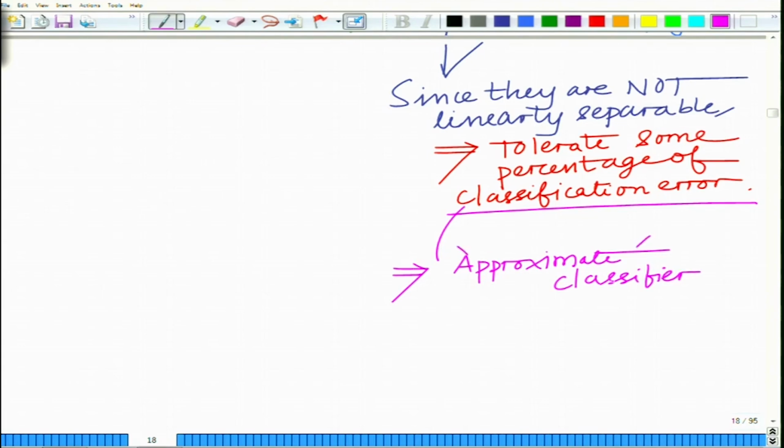So, it is only going to be an approximate classifier, but we want a good approximation, okay.